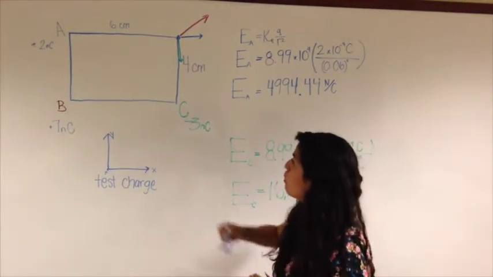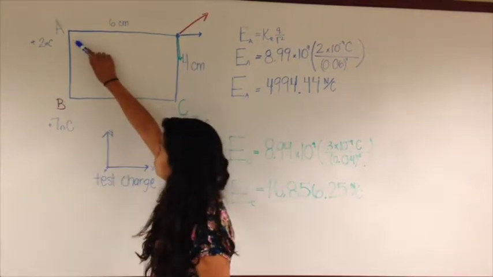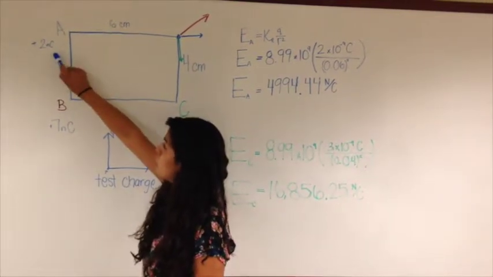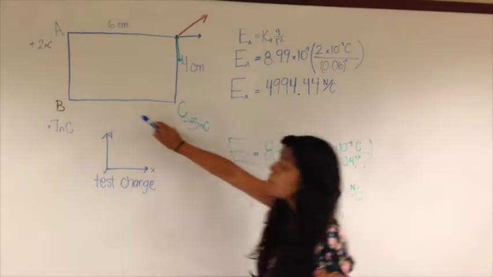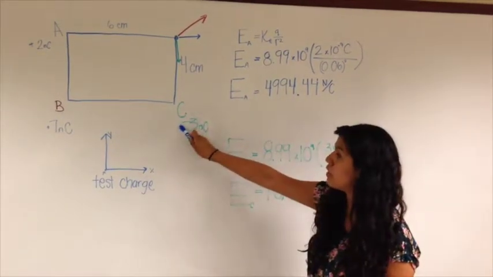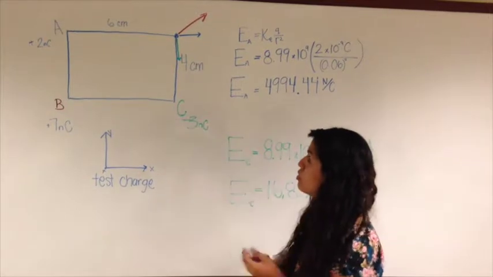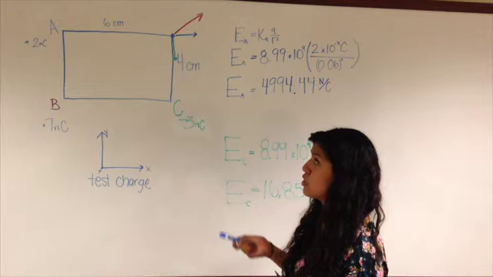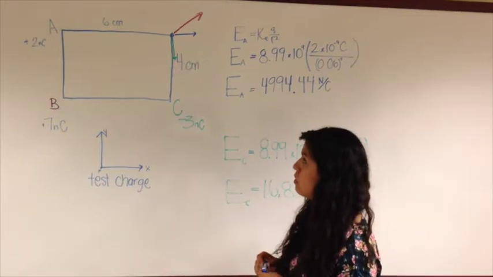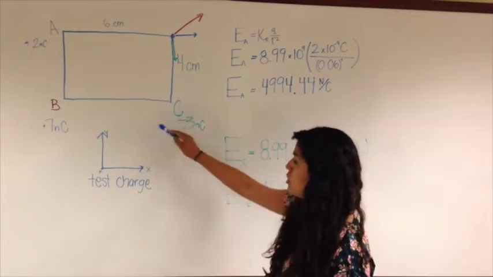field from these 3 charges: point A, which is plus 2 nanocoulombs, point B, which is 7 nanocoulombs, point C, which is negative 3 nanocoulombs. And to start this problem off, we want to find the direction of the electric field due to these charges.